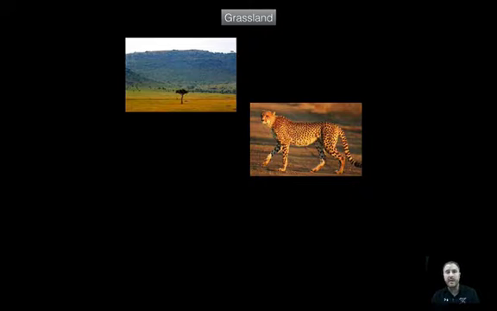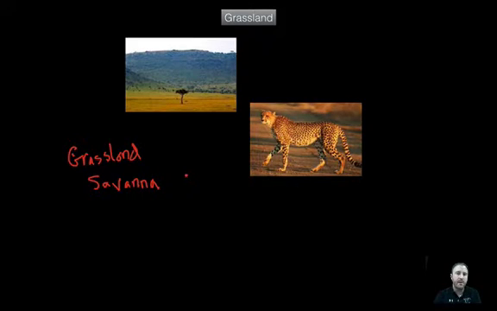A grassland is made up of tall grasses. A savanna has basically shrubs and trees as its main types of plants, and they'll have some shorter grasses as well. So two different types: the grassland and also the savanna.